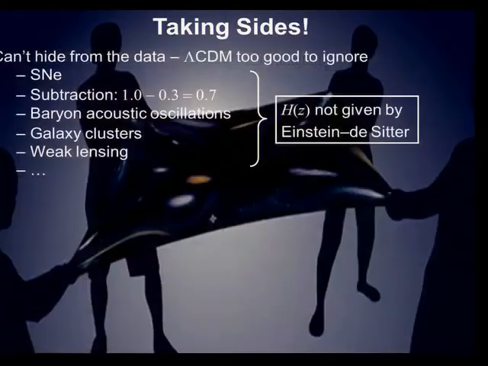So in terms of finding an explanation, we can take sides. We can't hide from the data. LambdaCDM is too good to ignore. And again, it's more than supernovae observations, and all these other methods of determining the vacuum energy. But what this tells us is not what is the explanation, but it does tell us that the expansion rate as a function of redshift is not given by the Einstein de Sitter result.